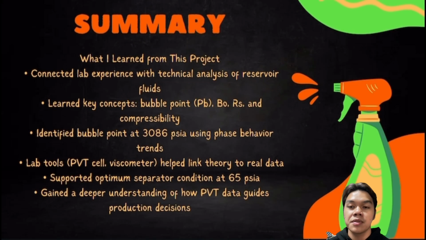Seeing how phase behavior is measured in real time helped me identify the bubble point at 3086 psi and interpret the formation volume factor and solution gas-oil ratio trends above and below this point.